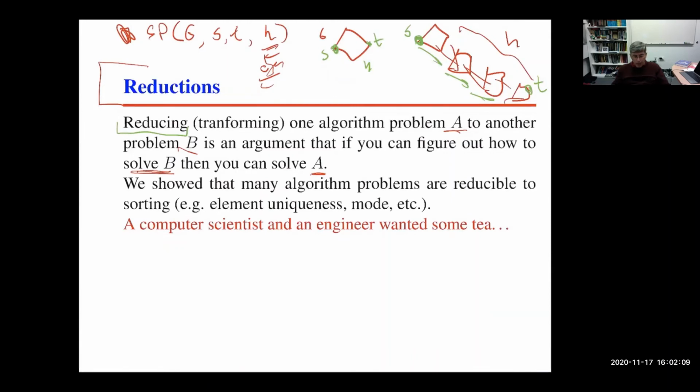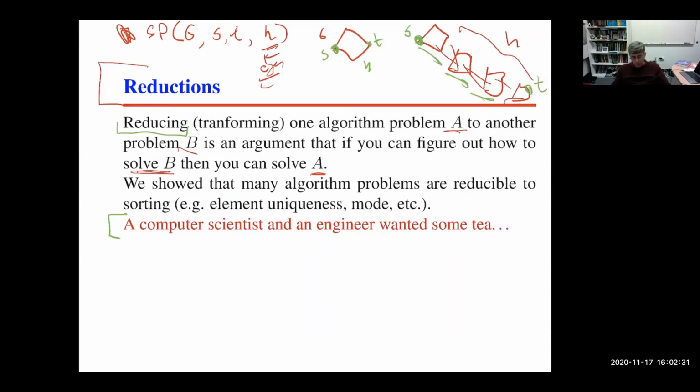Okay. Again, there is a story about a computer scientist and an engineer. They're sitting around the kitchen. Perhaps it's a pandemic, they can't get out of the kitchen. The engineer gets up at some point and says, I want some tea. And so what does the engineer do?